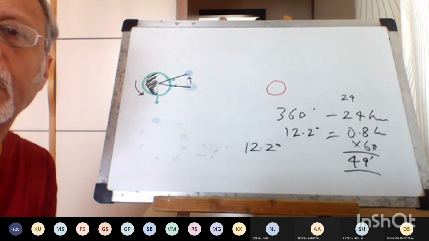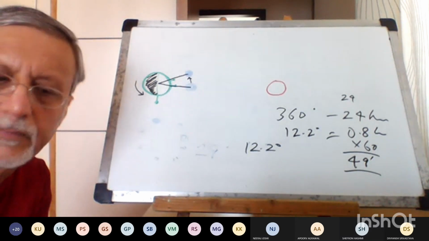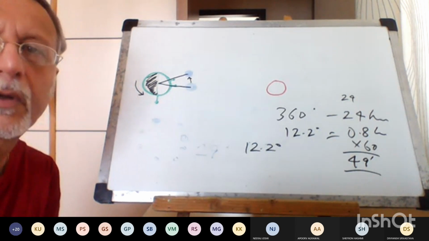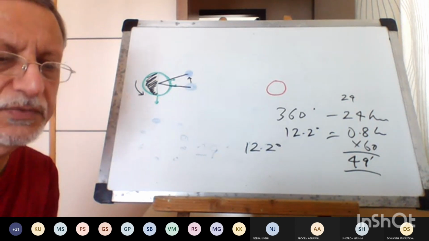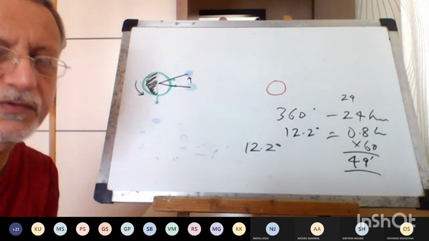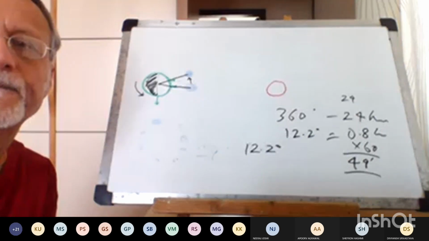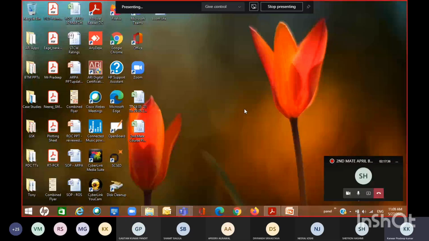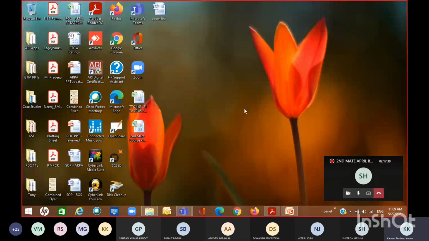Okay. So we come to the next point. Actually I wanted to touch eclipse also today, but we are going a little slow because the moon is a little complicated.